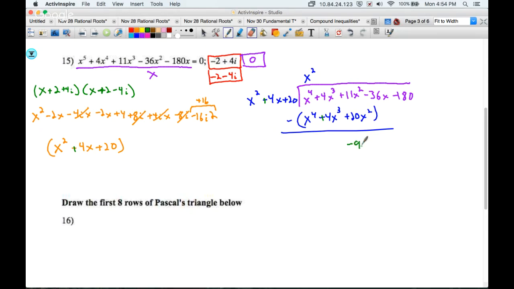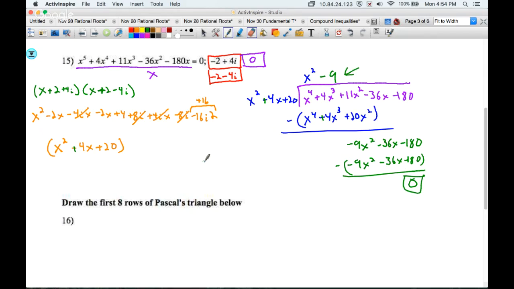These become a negative 9x squared. This is just a drop down the negative 36x, then the minus 180. I multiply now by a -9. Let's actually do that multiplication. -9x squared minus 36x minus 180. There's my zero remainder. It was actually a lot easier if you do it the right way.